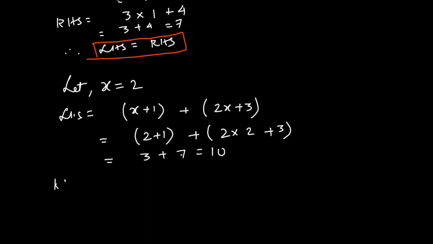Now the right hand side is 3x plus 4 equal to 3 into 2 plus 4, 3 twos are 6, 6 plus 4 is 10. Now again LHS equal to RHS.